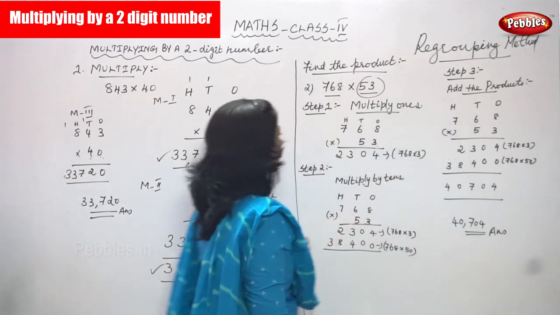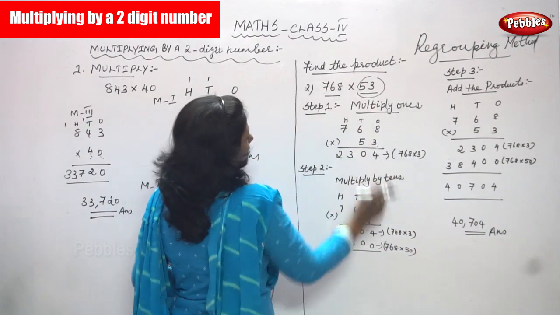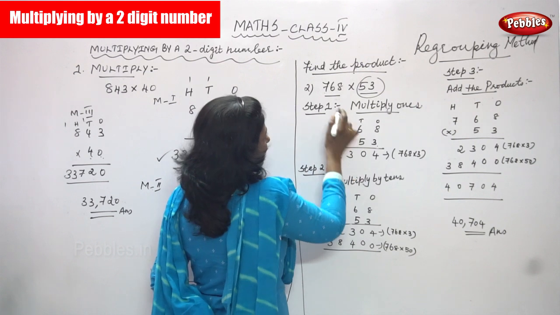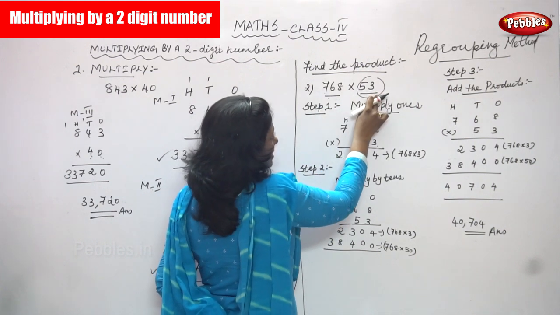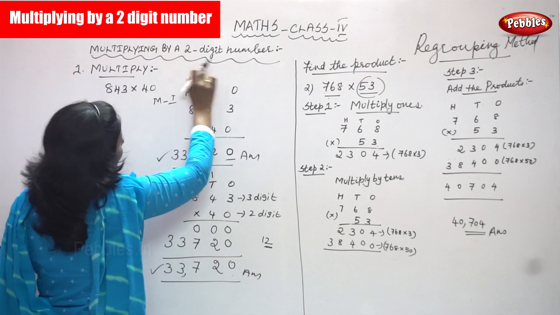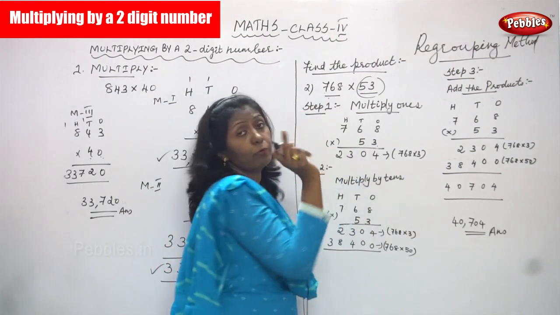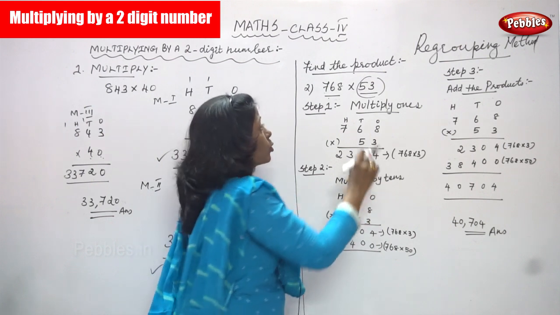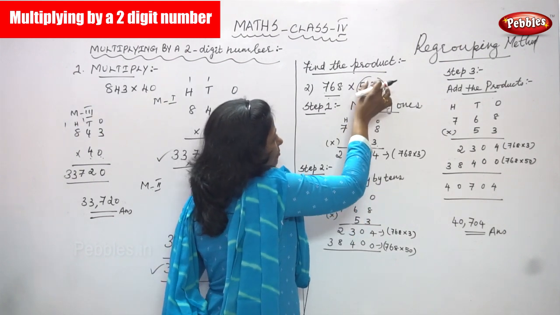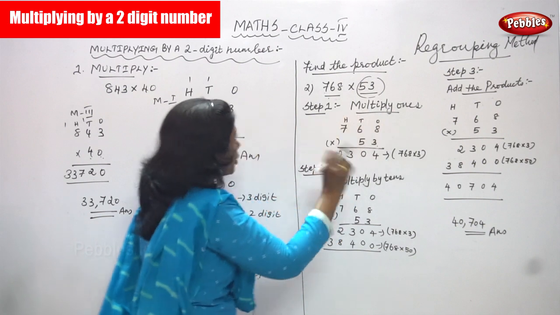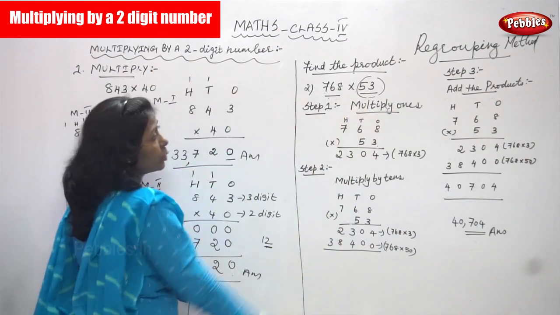So I am going to teach you the first one. Step 1, multiply by ones. I'm sorry, I said I was focusing on the 3-digit number, but that is not correct. We are focusing only on the 2-digit number, because the heading is multiplying by a 2-digit number.